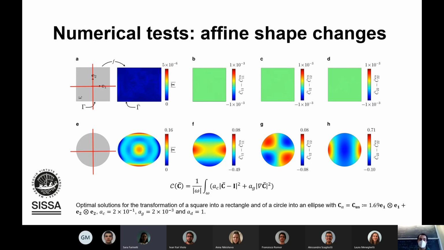For the ellipse, instead, this is not true, because the normal to the circle constantly changes its direction, so it's not always an eigenvector. These tests were performed with this complexity function that I reported above here, and it simply penalizes the magnitude of the gradient, and it's different from the identity tensor.